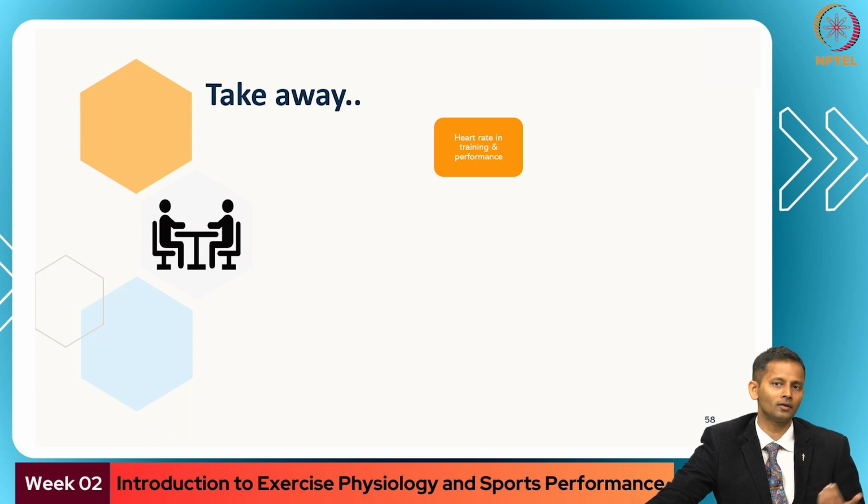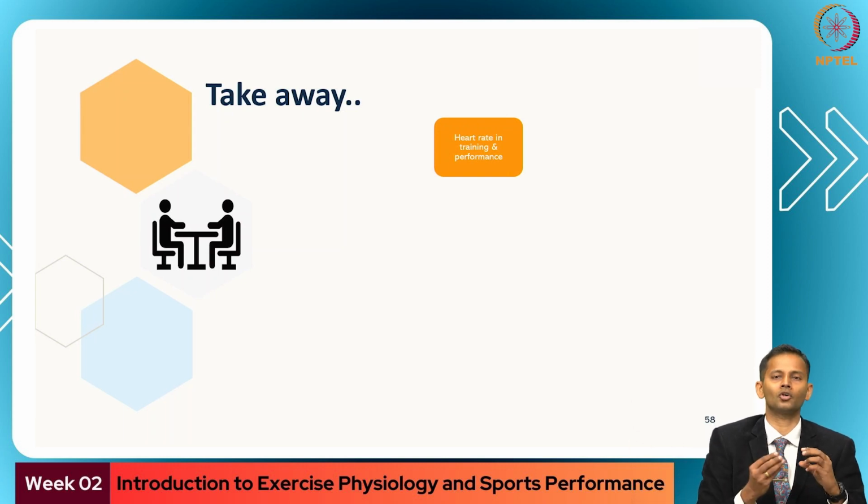So the takeaway from this cardiovascular system and exercise module is that heart rate is an important tool which can be easily accessed using wearable technology, by which you can assess, you can prescribe, and you can follow up the individual over a period of time. It can give you very beneficial, objective inputs, apart from the response that the individual can give you.